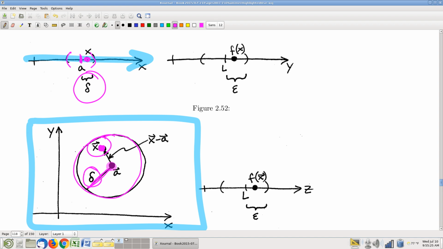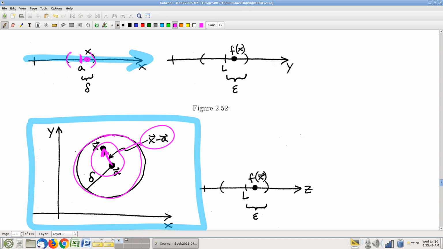And I can describe all of this totally analogously to how I did in the one-dimensional case by that difference vector, x minus a. I can't say I need that to be less than delta because it's a vector. Vectors aren't less than numbers, right?